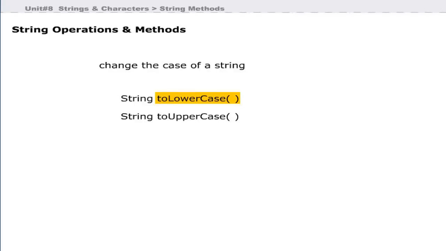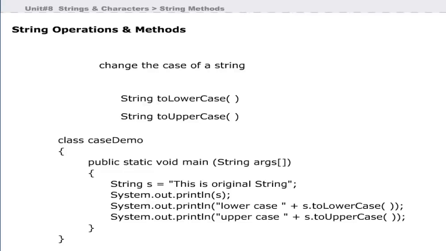These methods return a string object that contains the upper or lowercase equivalent of the invoking string. This program demonstrates the use of both toLowerCase and toUpperCase methods. The output contains the original string, lowercase string, and uppercase string.